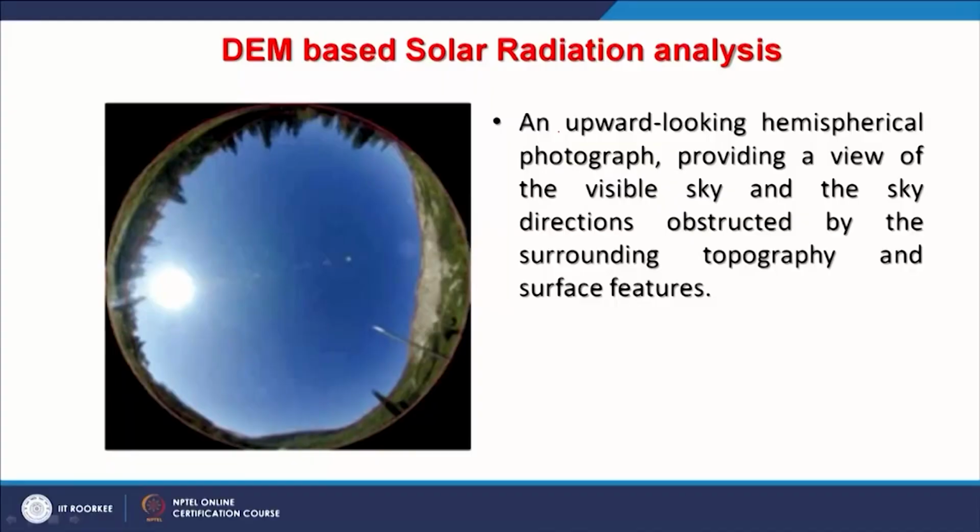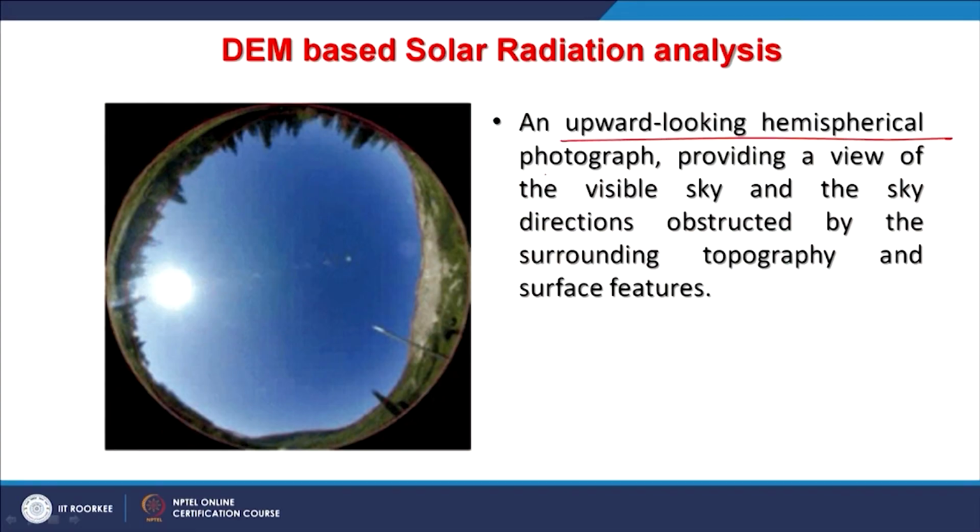So, if the location for which we are going to do the estimation is in an open part, like on a hilltop or on a ridge, the view is wide, but if I am located in a valley, then the scenario is going to be different. So, this is the fisheye view or upward looking hemispherical view.